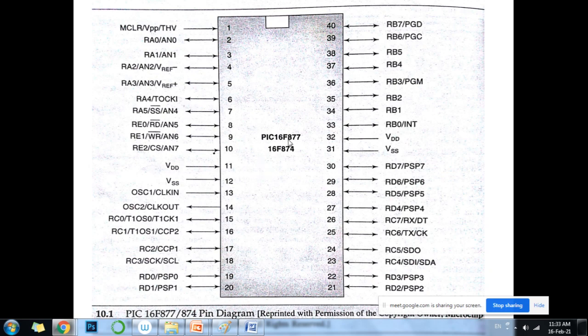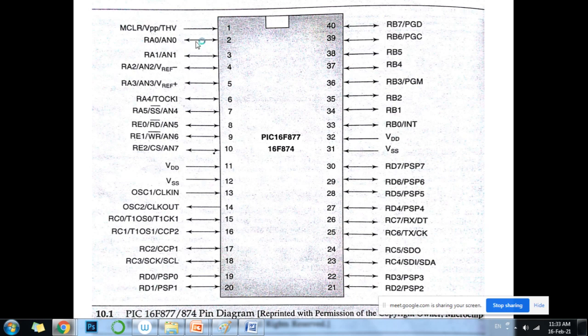PIC microcontroller 16F877. If you see the pin signals, there are two different signals written for every pin. So that means that pin has alternate functions. Basic function of this pin is RA0, and AN0 is the alternate function.